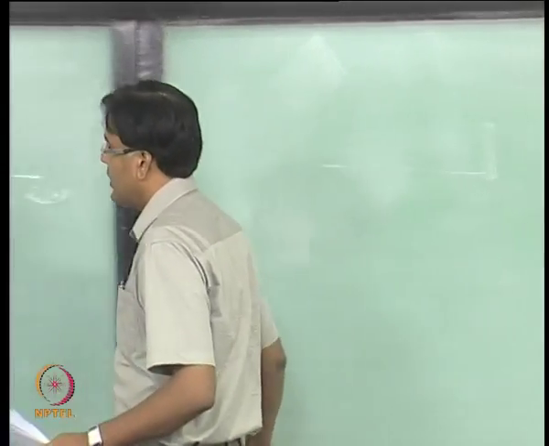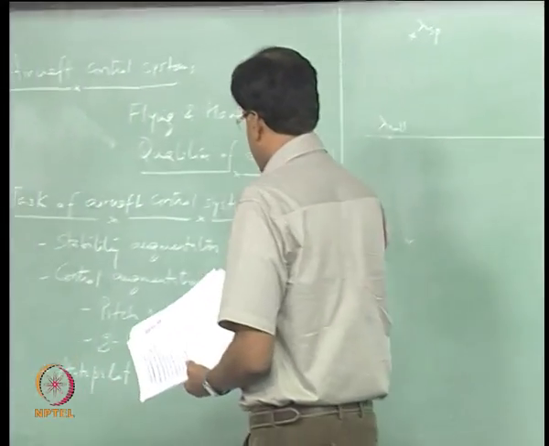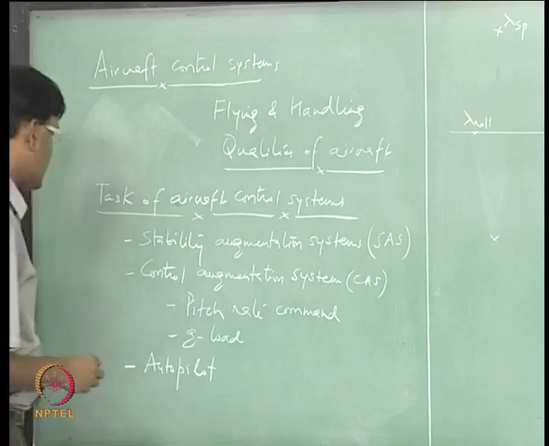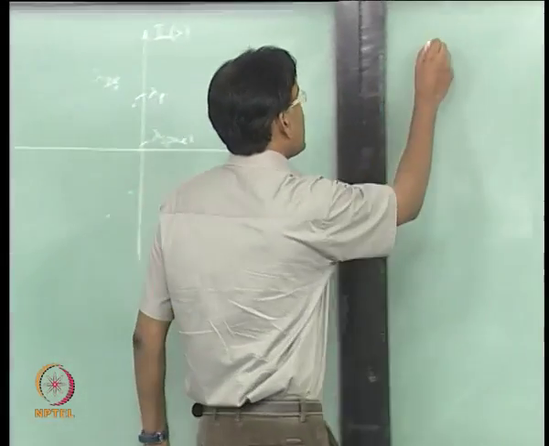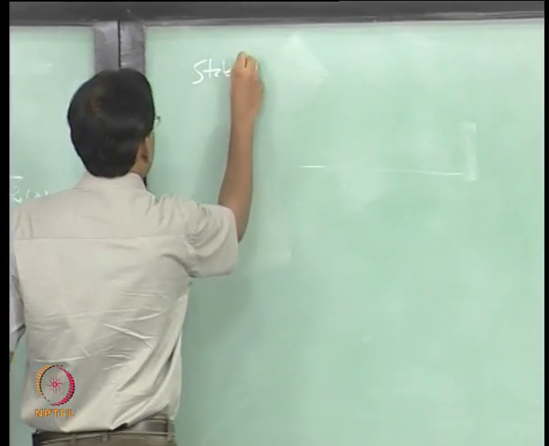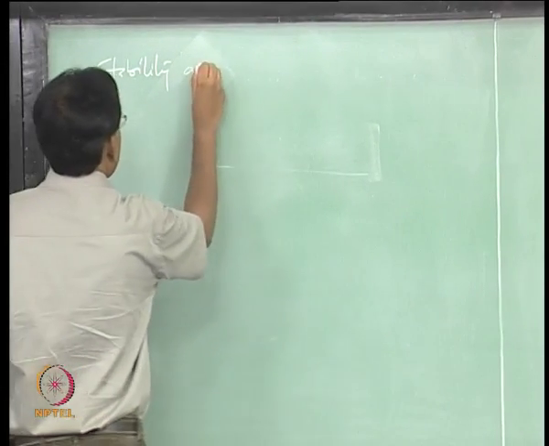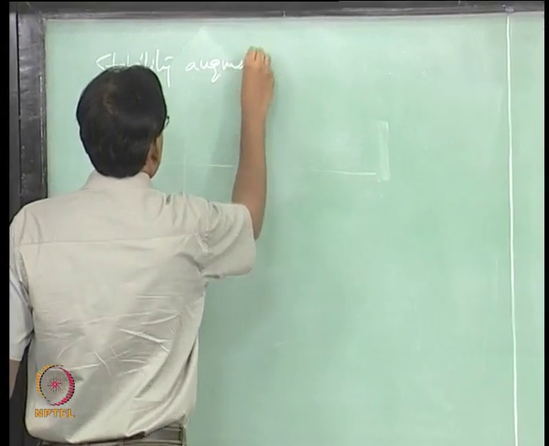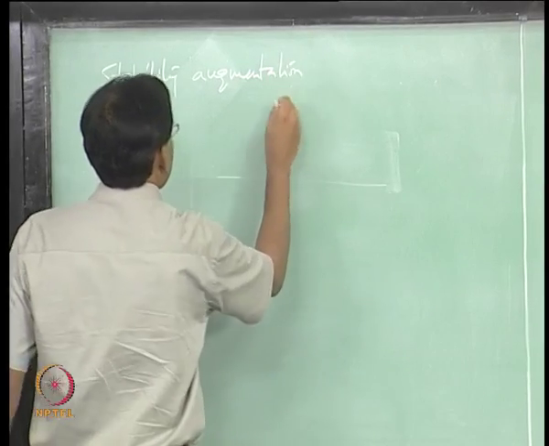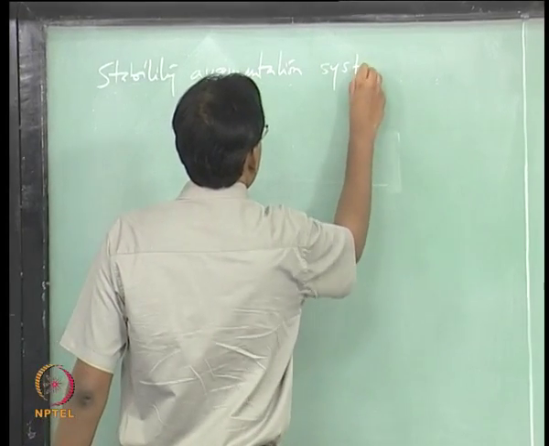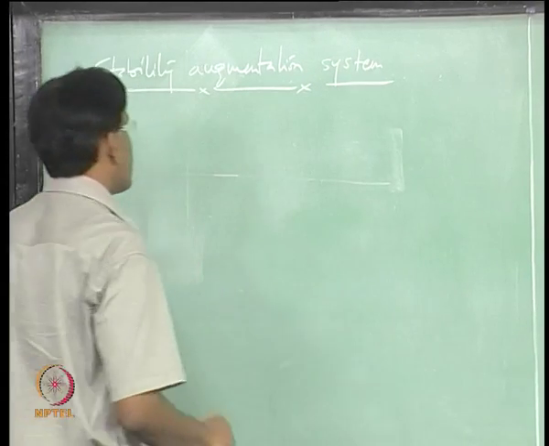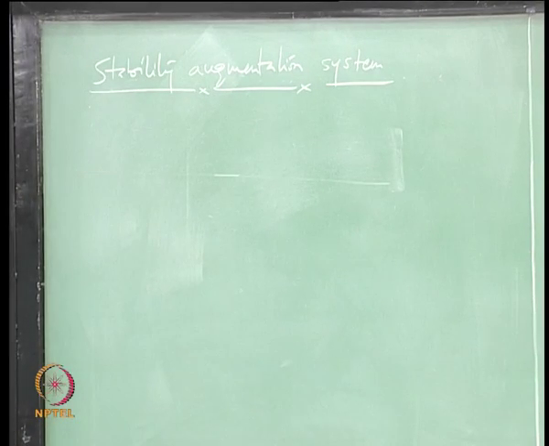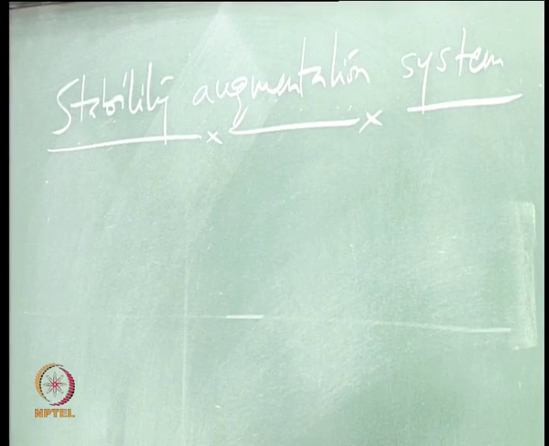So, in this class we will first look at the stability augmentation system. As the name suggests, this particular type of control system is for augmenting the stability of the aircraft.